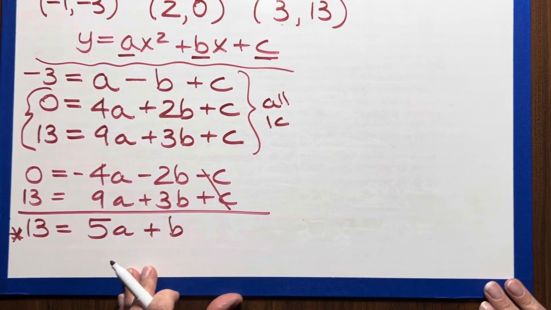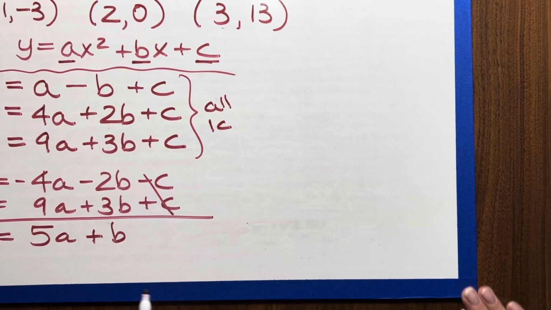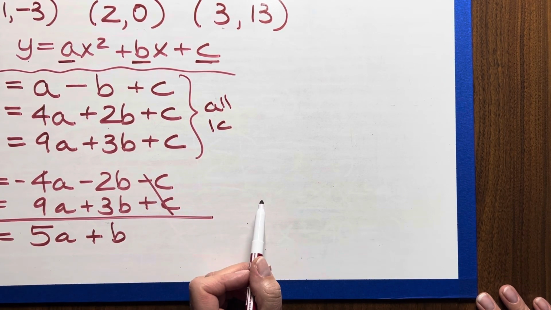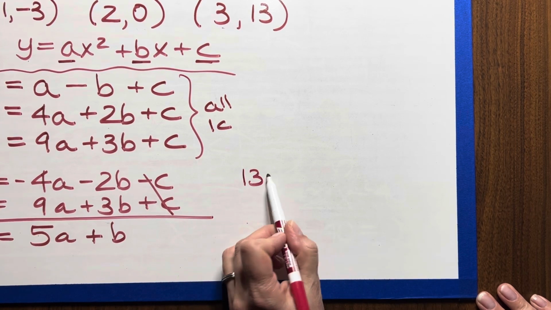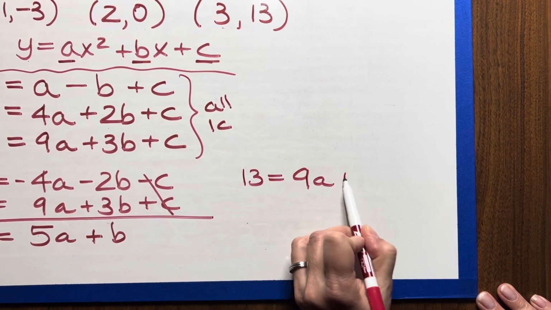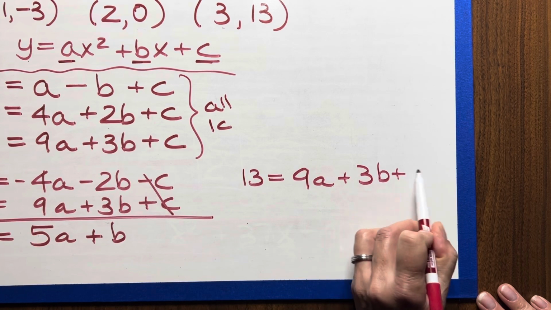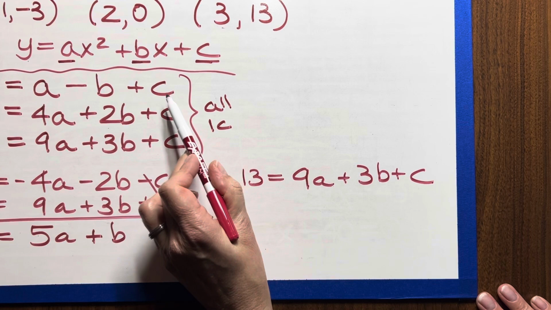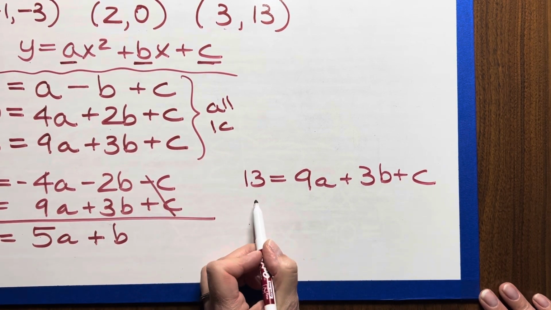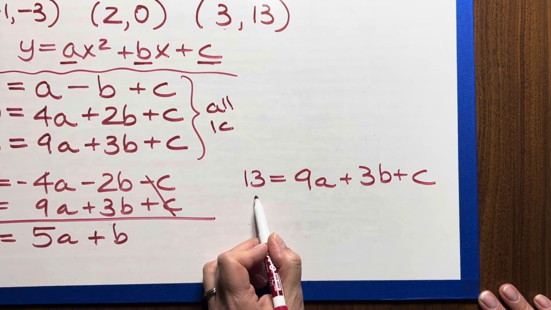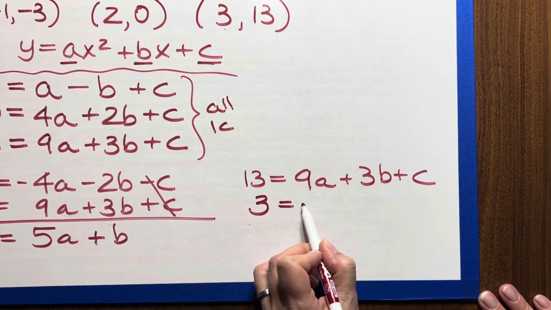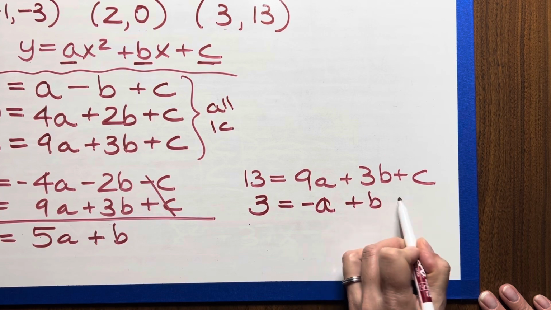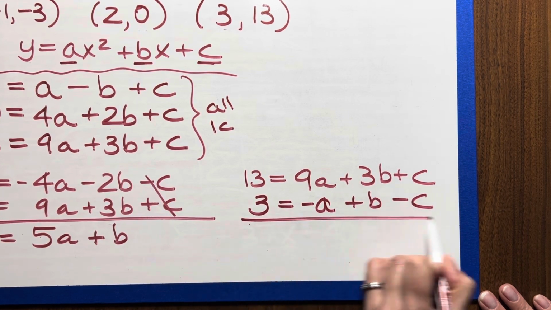But for now, I'm going to choose 2 different equations to combine together and get rid of the C. I'm going to keep my 13 equals 9a plus 3b plus c. And then we'll use the other equation at the top, and we'll multiply that through by a -1. So I'll end up with 3 equals -a plus b minus c.